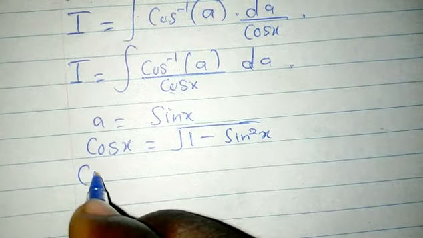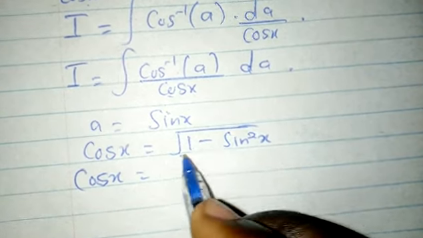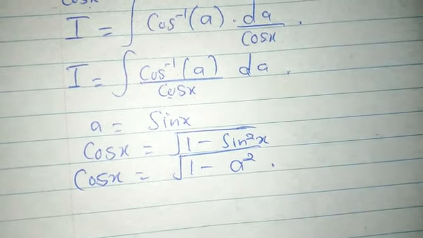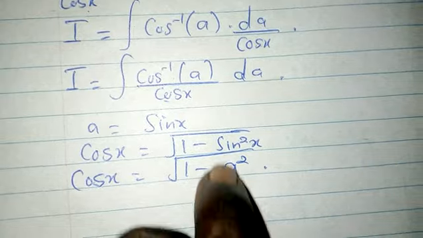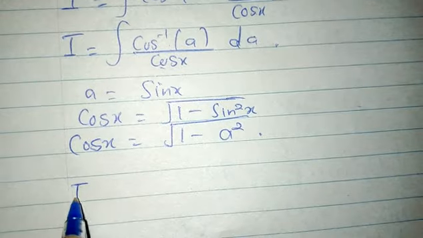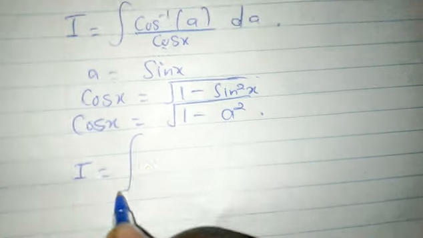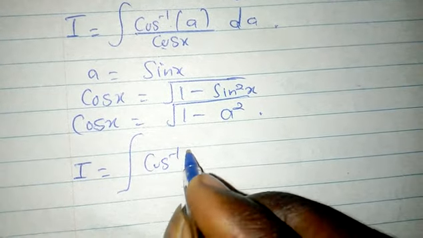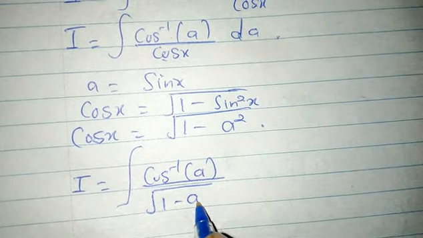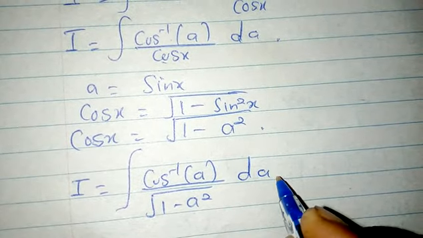So our cos of x is now equal to root of 1 minus a squared. So we are now going to put this into this equation. Our I is now going to be equal to the integral of cos inverse of a over root of 1 minus a squared da.